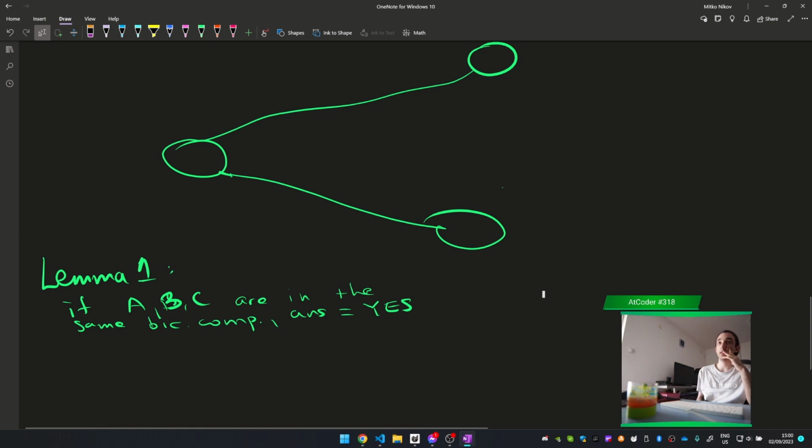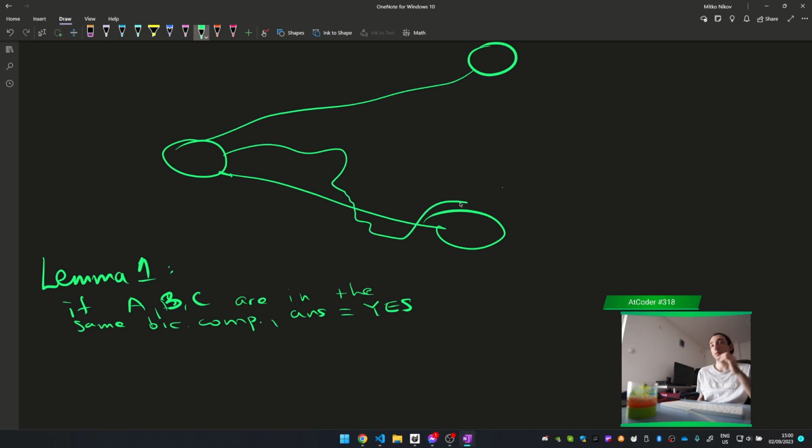What does that mean? Does it mean something? No, it doesn't mean anything. If B and C are in different biconnected components, it means that there is an articulation point somewhere.